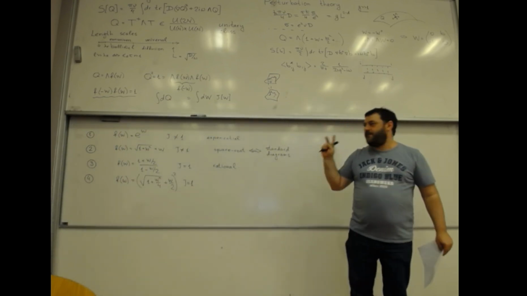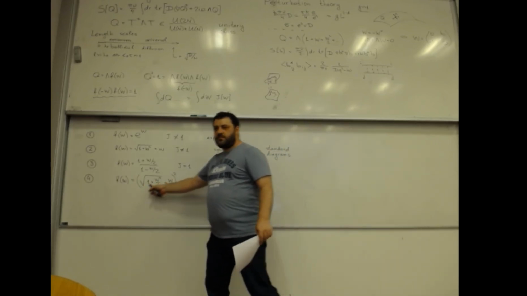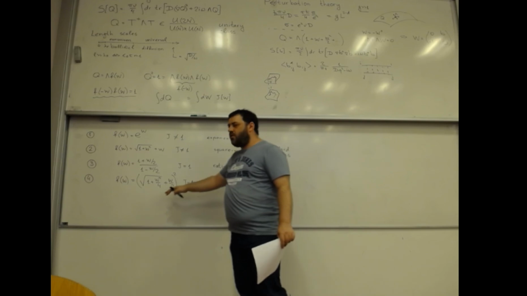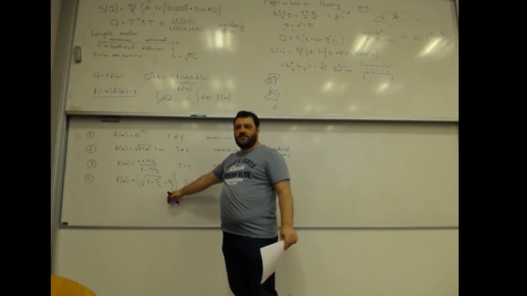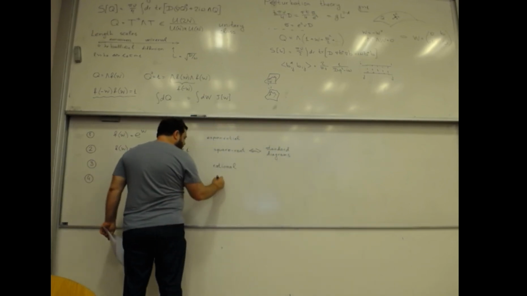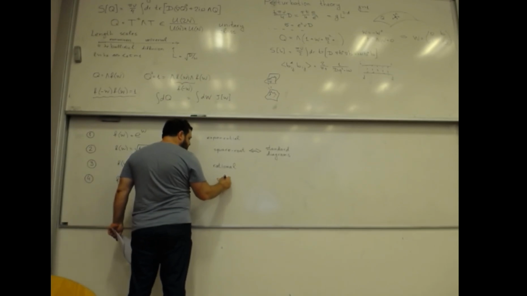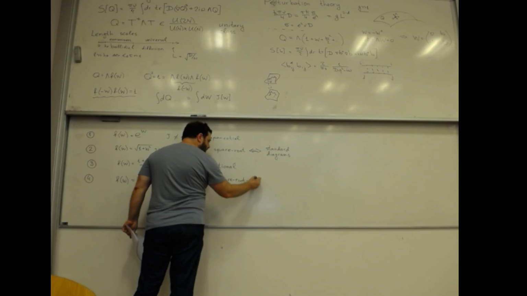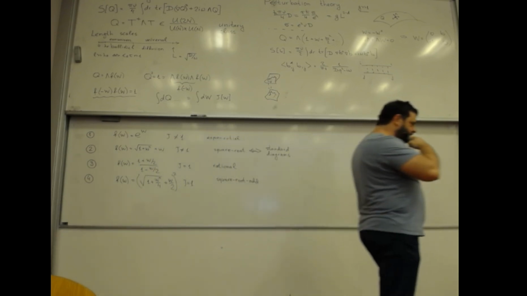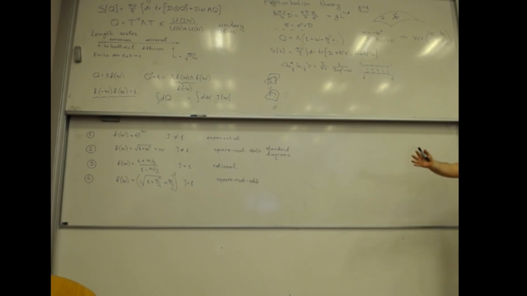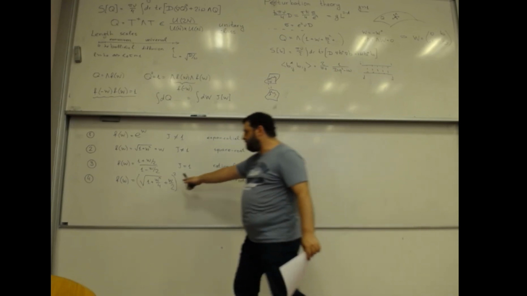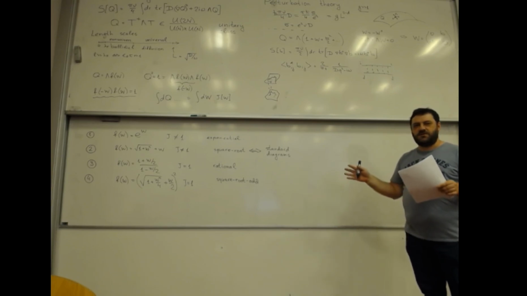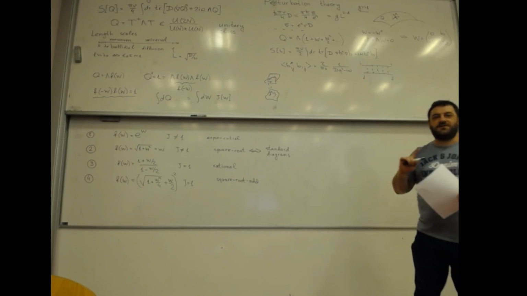And second, if you expand this function in series, it contains only odd powers of w, except for w squared. It's called square root odd. You just take this function and expand it in small w in a series, and you get only odd powers in this expansion, except for w squared.